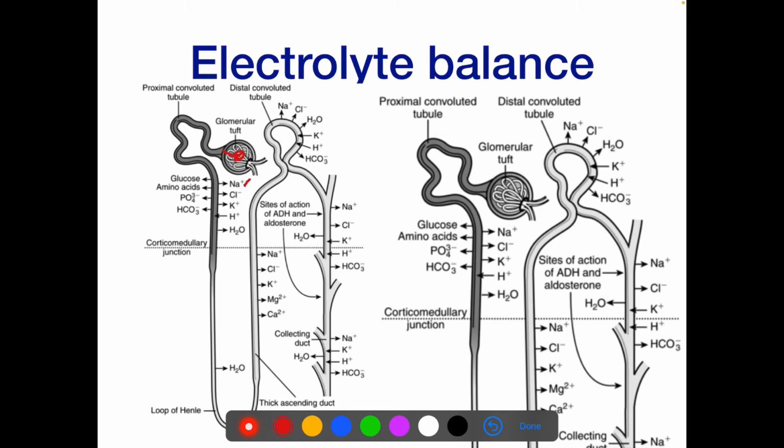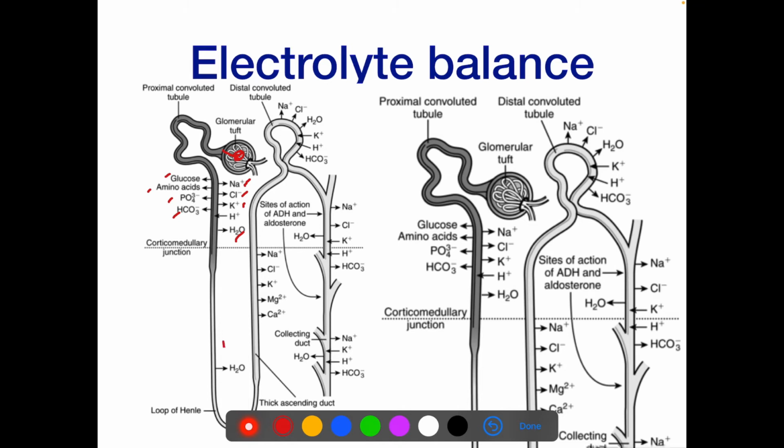So all other things like sodium, potassium, chloride, bicarbonate are there in that filtrate. From the filtrate, sodium, chloride, potassium, water, bicarbonate, phosphate, amino acid, glucose, everything is reabsorbed in the proximal tubule.